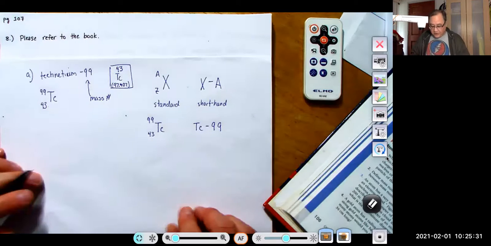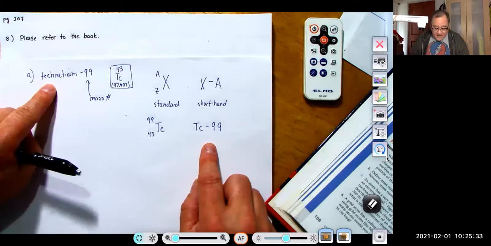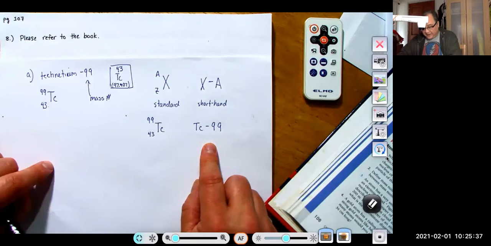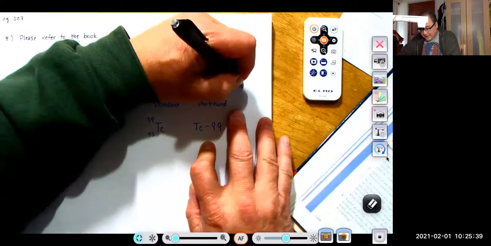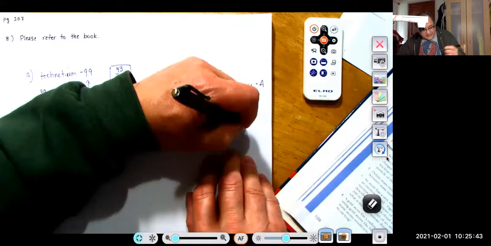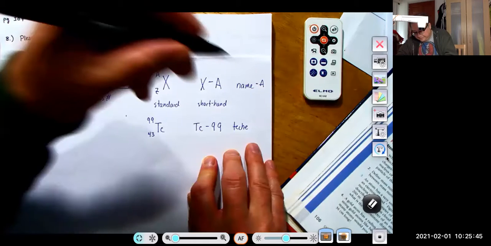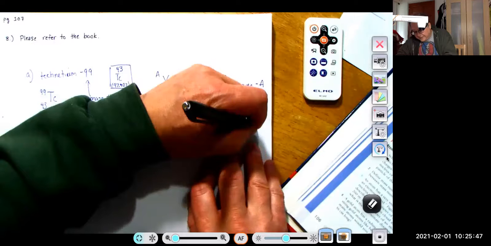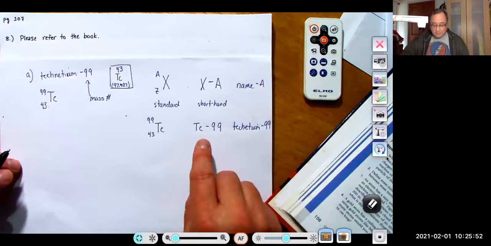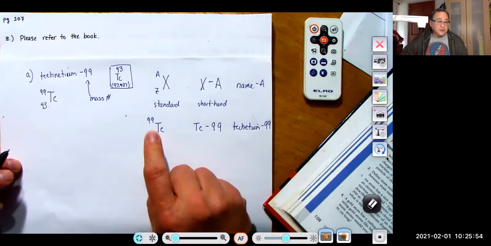Now, also, you could write out the symbol's name and then 99. So I could put name A, and we could put technetium 99. Now, chemists are usually going to do this or this. Personally, I like this one better because it gives you a little bit more information.